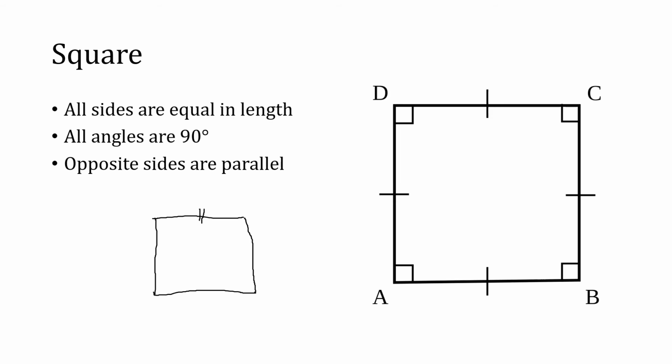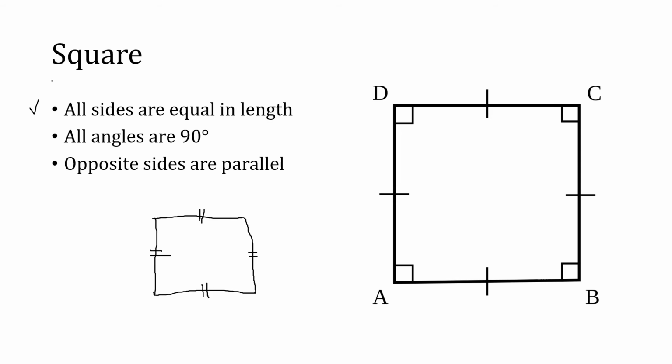If I put two tick marks through this, and two tick marks through this, and two through this, and two through this, then that's telling us that even though I've drawn the shape poorly, I meant it to be drawn in such a way that all four sides are equal in length. So that's this first point taken care of. Let's put a check mark there.